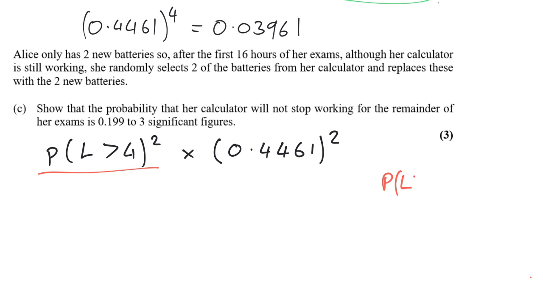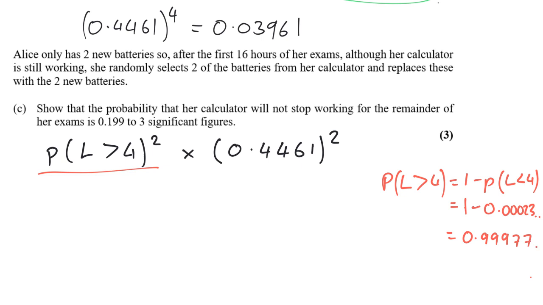The probability that L is greater than 4 is equal to 1 minus the probability that L is less than 4. And that is 1 minus 0.00023, lots more, which is 0.99977, roughly speaking.